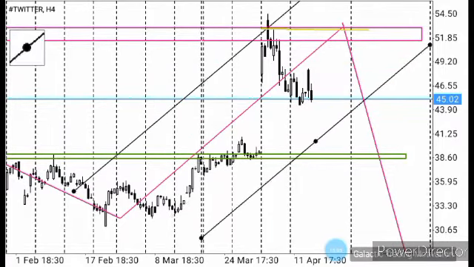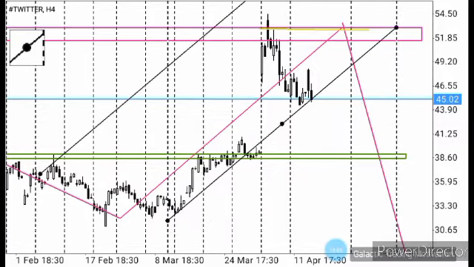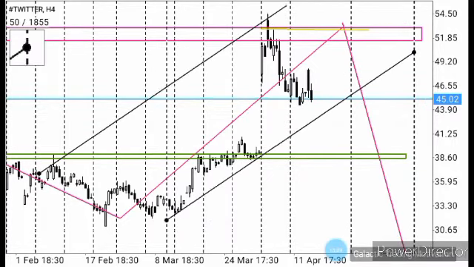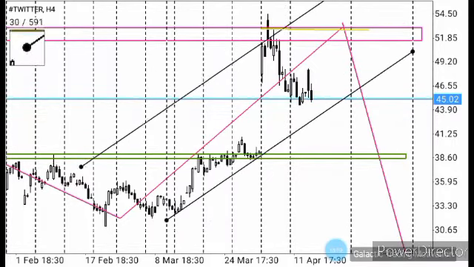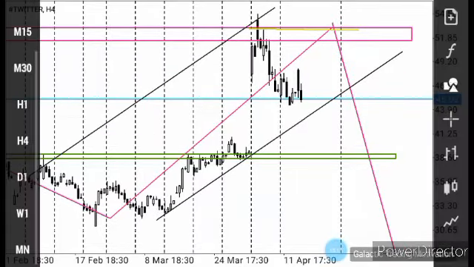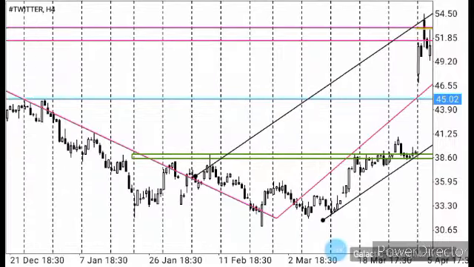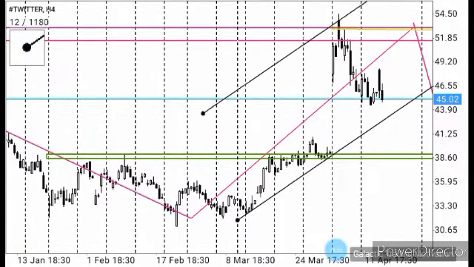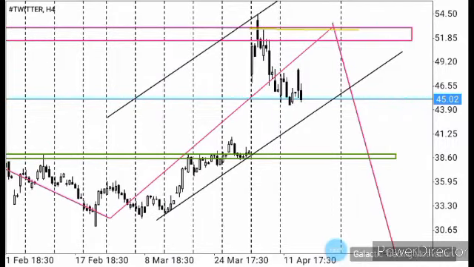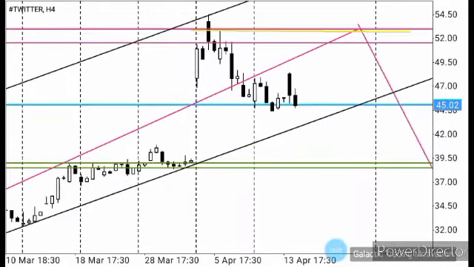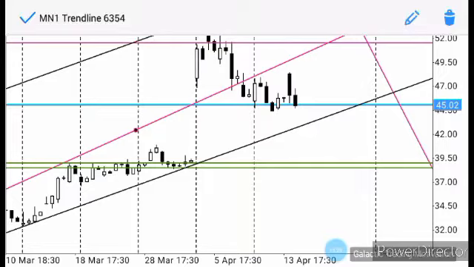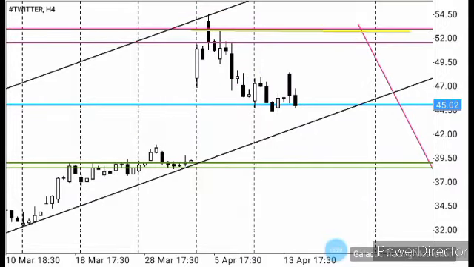Just bear with me, guys. Okay, there we go. So I'm just going to delete this line for now because it actually applies to the weekly and the monthly chart.